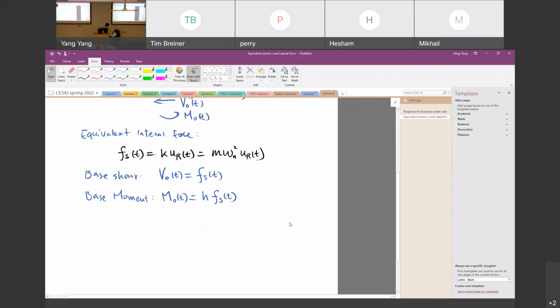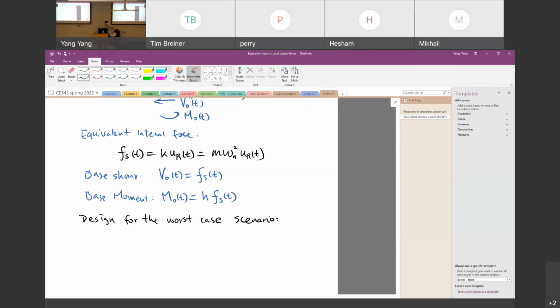But for design, we just design for the worst case scenario, because the equivalent lateral force is a function of time.